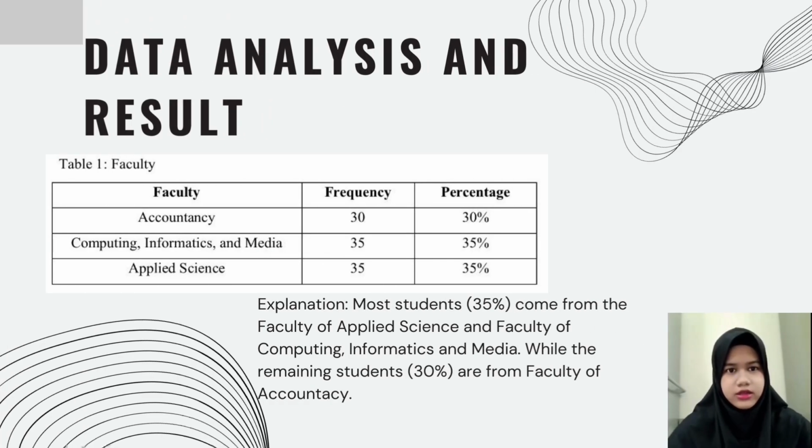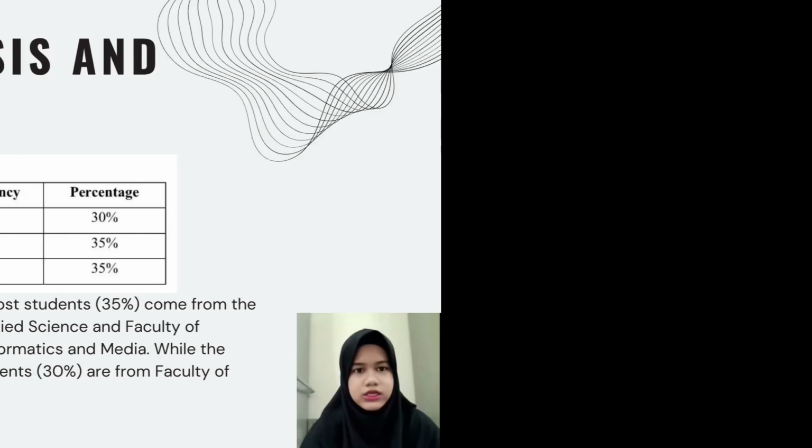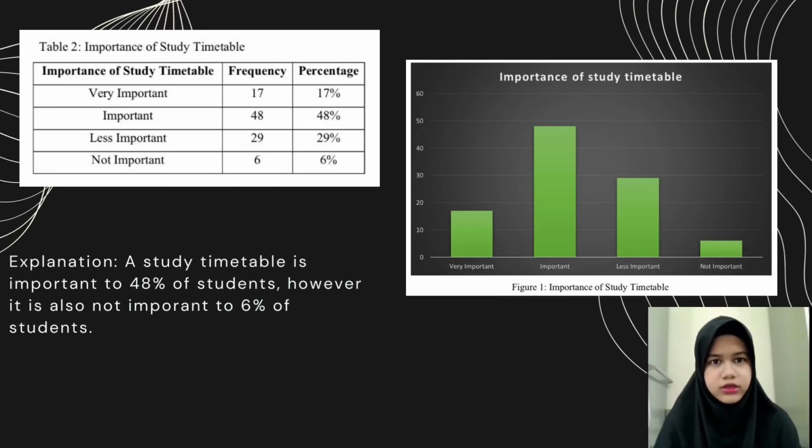From this analysis, most students, which is 35%, come from the Faculty of Applied Science and the Faculty of Computing, Informatics and Media, while the remaining students, that is 30%, are from the Faculty of Accountancy. From the bar chart, it shows a study timetable is important to 48% of students.